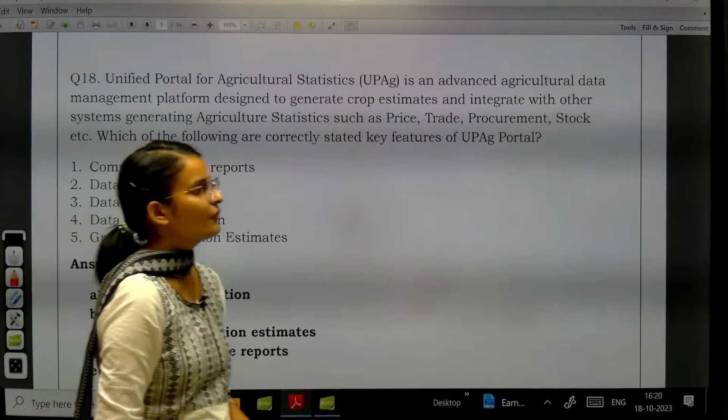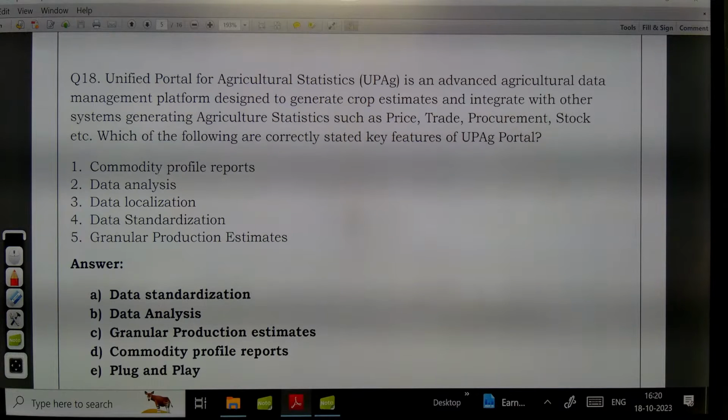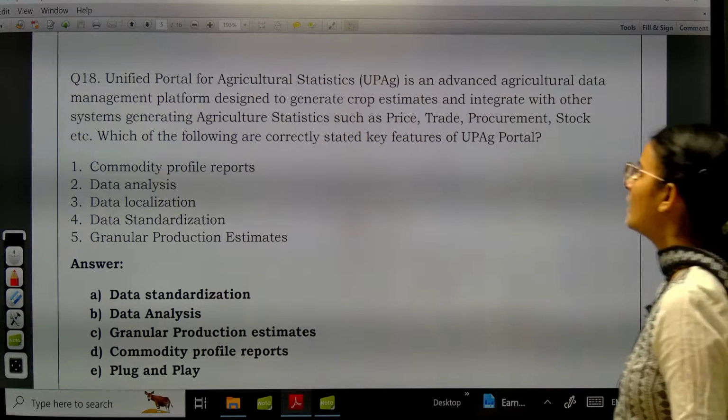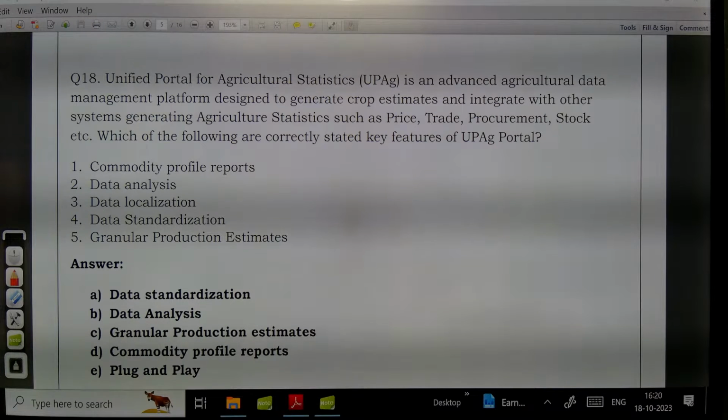Now next question is of Upaj portal. Unified Portal for Agriculture Statistics is an advanced agriculture data management platform designed to generate crop estimates and integrate with other systems.